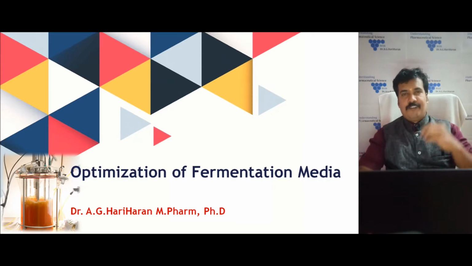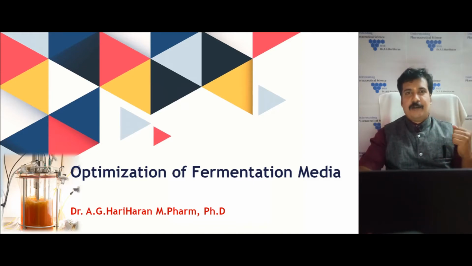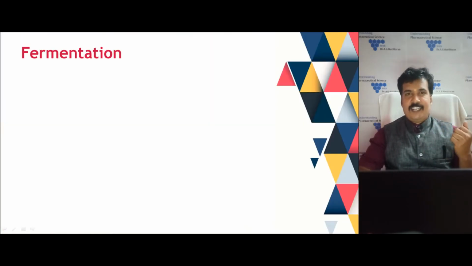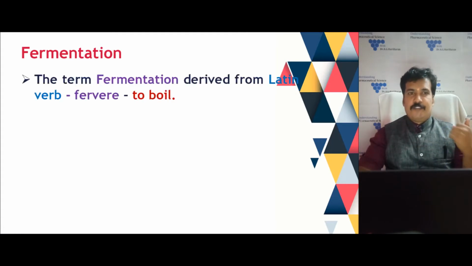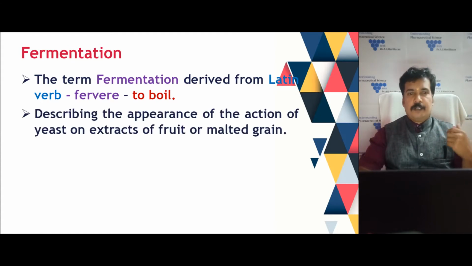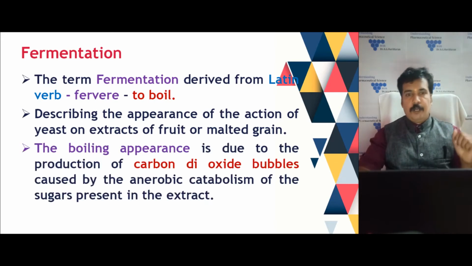Before that, we will get a basic understanding of certain terms like fermentation, fermentation media, and the criteria of fermentation media. First, what is meant by fermentation? I have already told in my previous lecture that fermentation is from the Latin term fervere, meaning to boil. During the production of ethanol from yeast in a malted grain, it shows a boiling appearance.